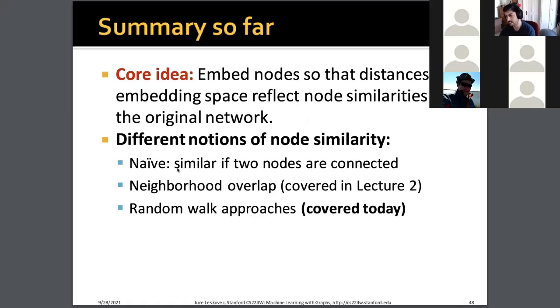We looked at that adjacency matrix, where it was just 0, 1, 0, 1, saying which nodes were connected together. Then in the previous chapter, we looked at neighborhood overlap. Ted was telling us about the interconnectedness and the clustering coefficient and all of that. And now we've looked at random walks, which are popular and still used today.